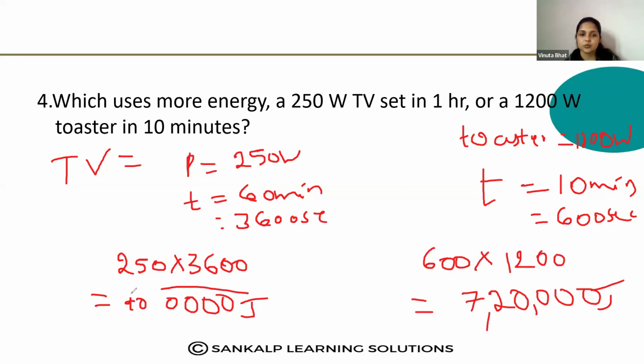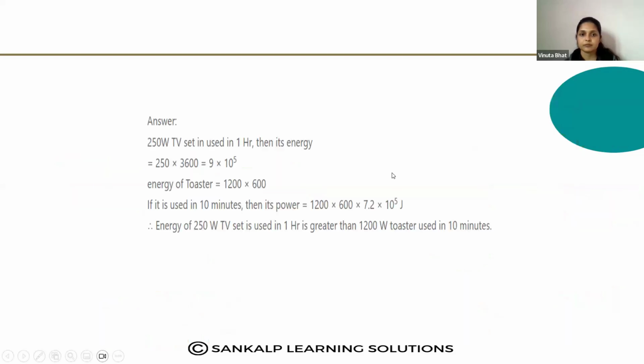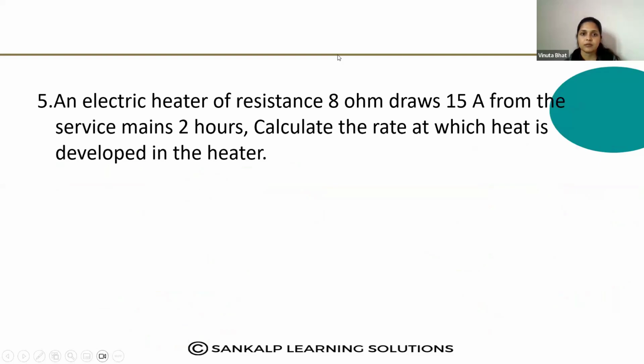You can write 9 into 10 raised to 5 joules, or here also you can write 7.2 into 10 raised to 5 joules. So TV uses more energy compared to the toaster. Next question.